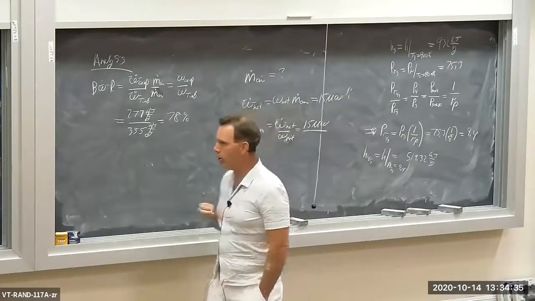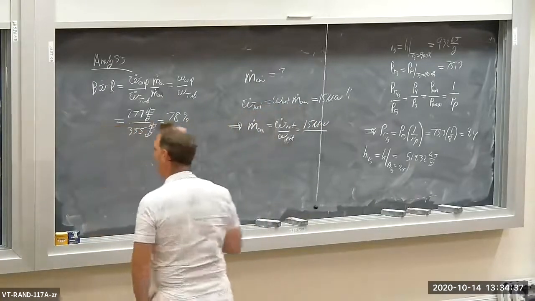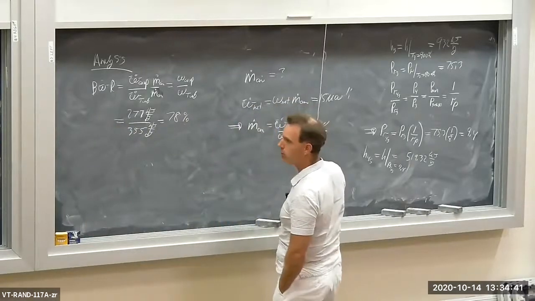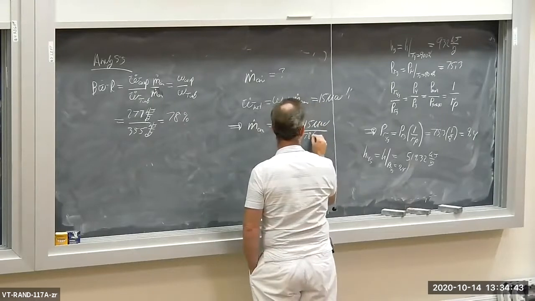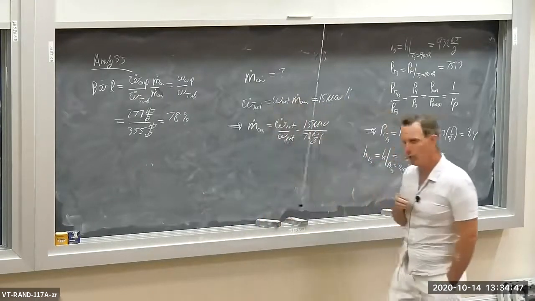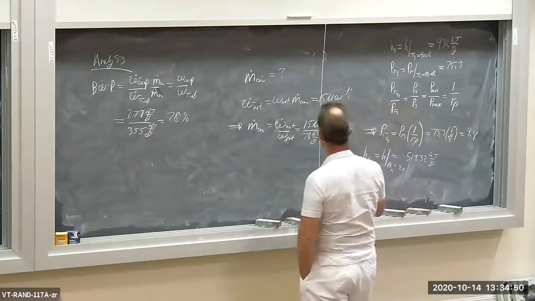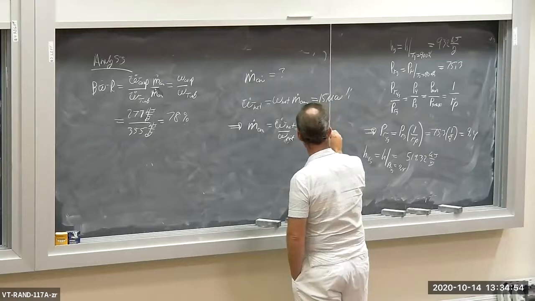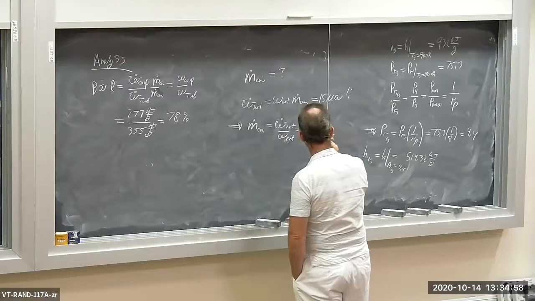The net work was 75, no, I'm sorry, 78 kilojoules per kilogram. I have to convert kilojoules into megajoules. For 1 megajoule, I've got 1,000 kilojoules.